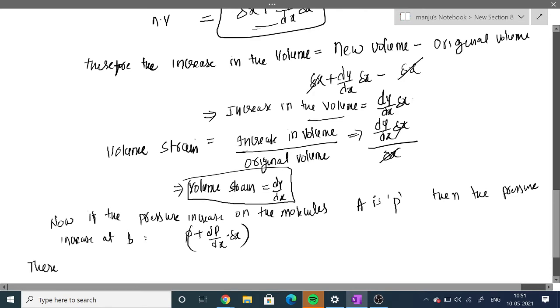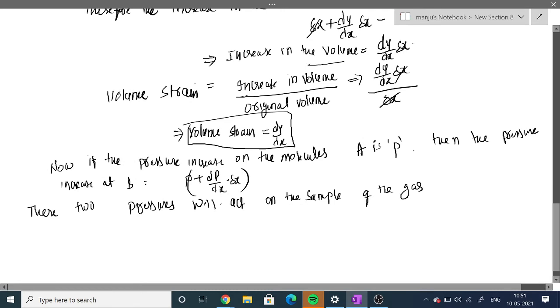These two pressures will act on the sample of the gas confined between A dash and B dash, not A and B, it is A dash and B dash.